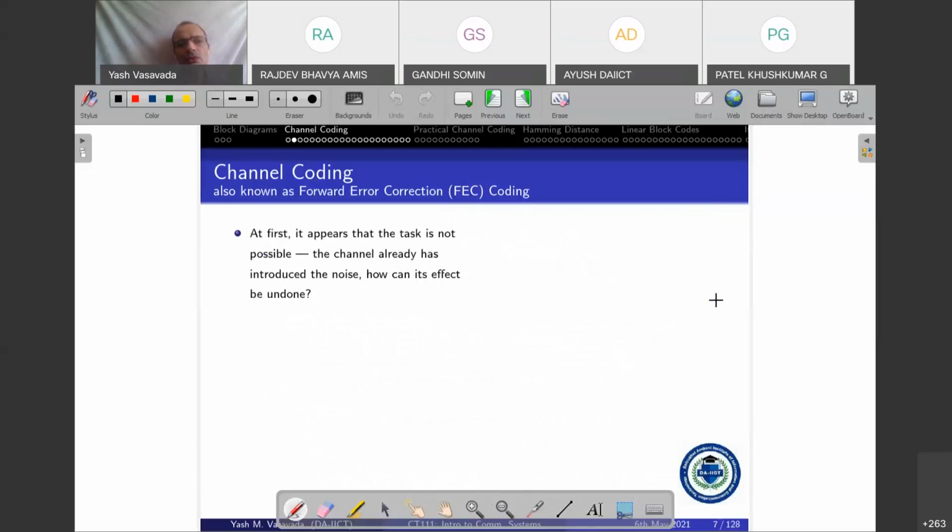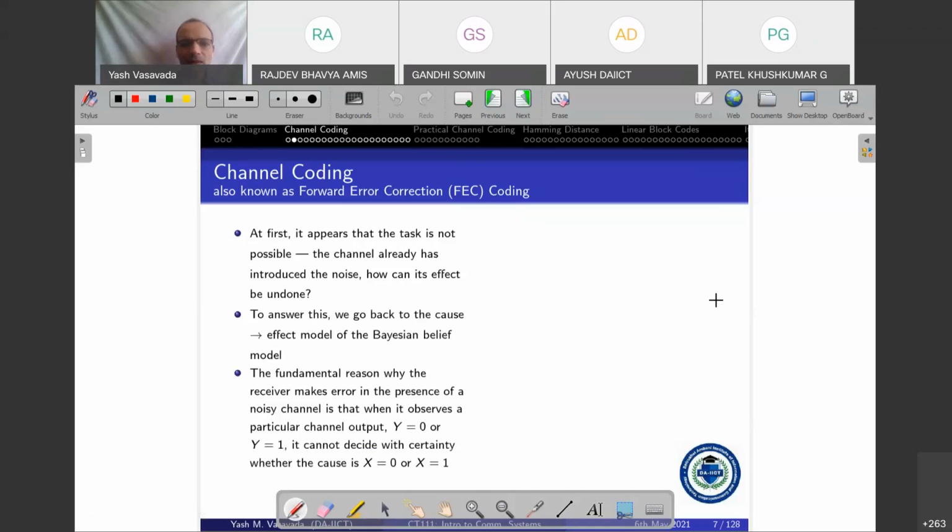So at first it might appear that, how can you do that? The channel has already introduced the noise. So how can its effect be undone? How can you make a channel which is noisy, how can you make it noiseless? For that, we go back to our Bayesian belief model, cause versus effect.